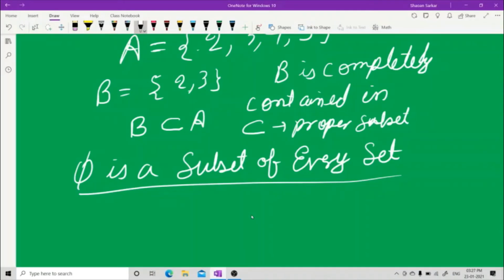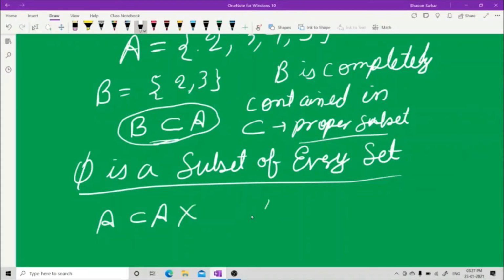Now, this was proper subset and denoted by this symbol. This is the way to denote. Now I cannot say A is a proper subset of A. This is wrong. I have to say A is a subset of A. This is just the subset symbol.